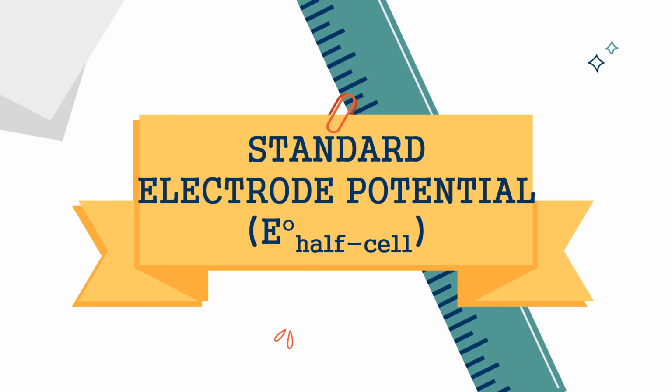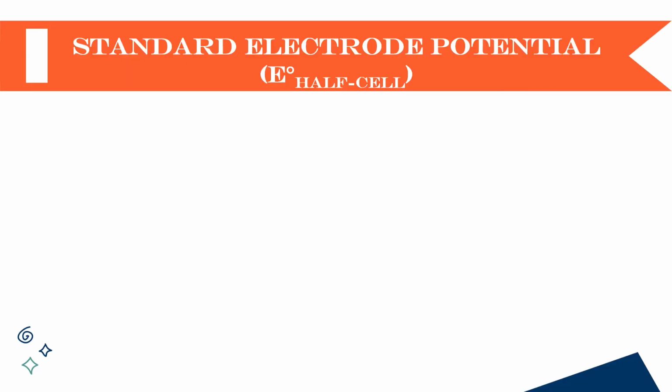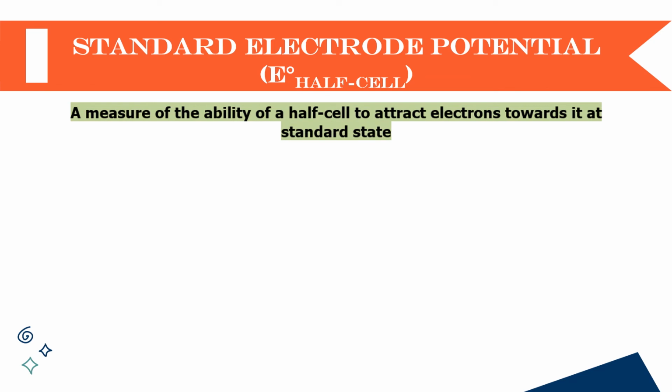Just now I mentioned the standard electrode potential, E0 half cell. So what is it? The standard electrode potential is a measure of the ability of half cells to attract electrons toward itself at standard state. In other words, like I mentioned before, the ability to undergo the reduction process.